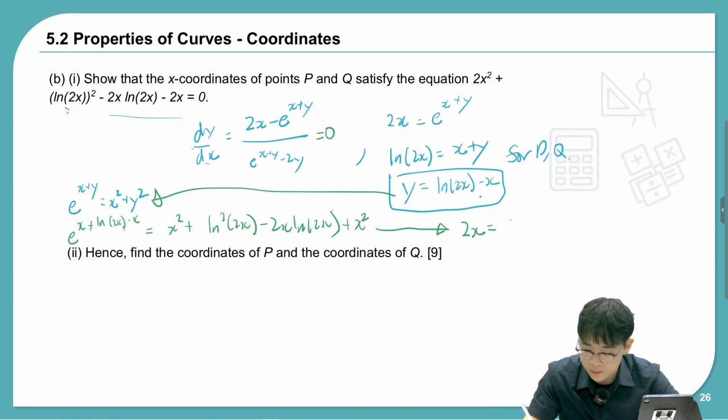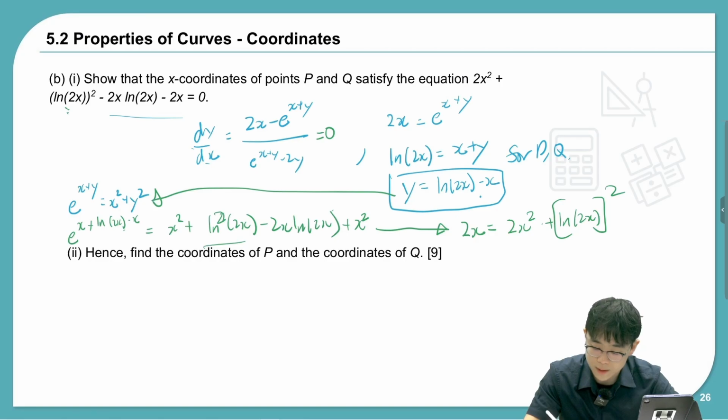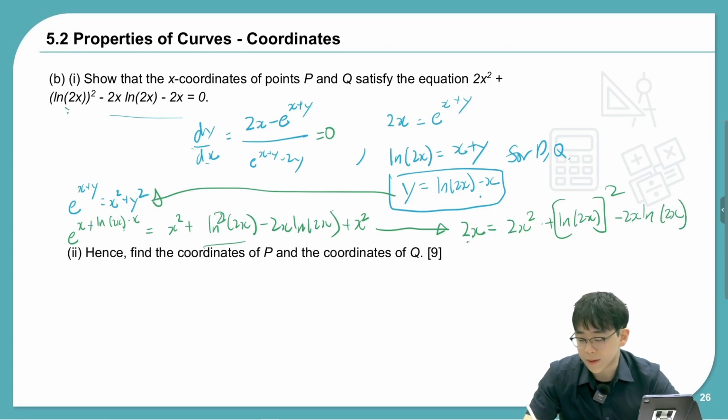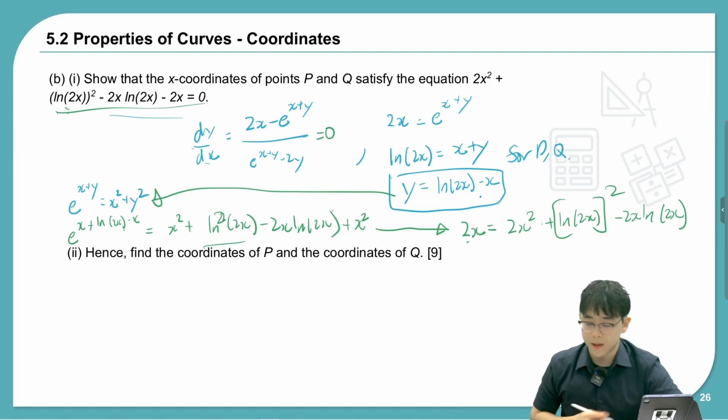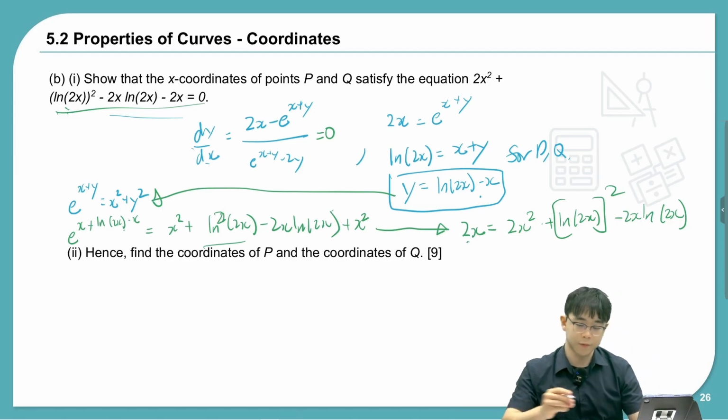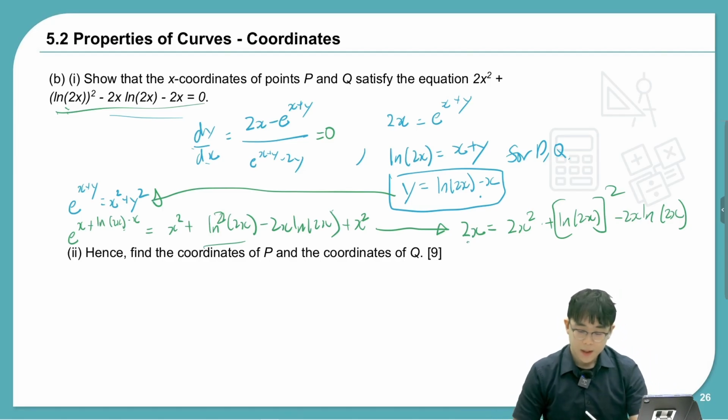That equals 2x squared, and then we get plus ln 2x squared. Right, I'm just going to write this squared on the outside, minus 2x ln 2x. Right. And then if I just move this 2x to the other side, I basically get this equation right here. So that's it for part B1.